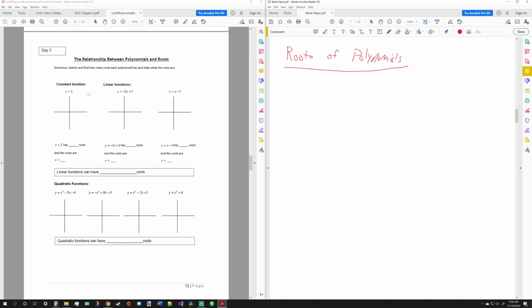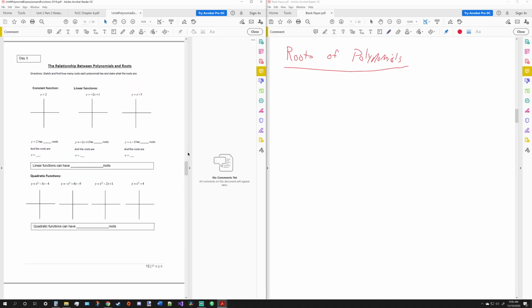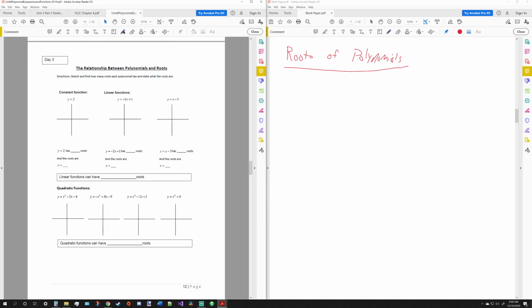Okay, so graphing these functions, these are a constant function or linear functions, which we should be able to just sketch on our own without a calculator, hopefully. So y equals 2 would look like that, approximately.